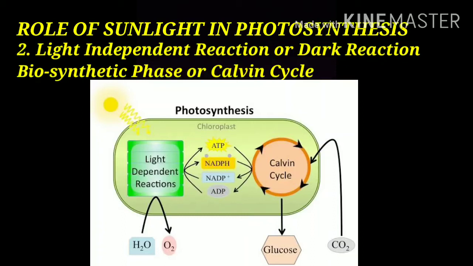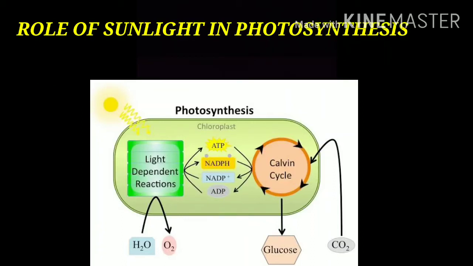Dark reaction does not require light energy. During this reaction, carbon dioxide is reduced into carbohydrates with the help of light generated ATP and NADPH2. In Calvin cycle, the inputs are carbon dioxide from the atmosphere and the ATP and NADPH2 produced by light reaction.